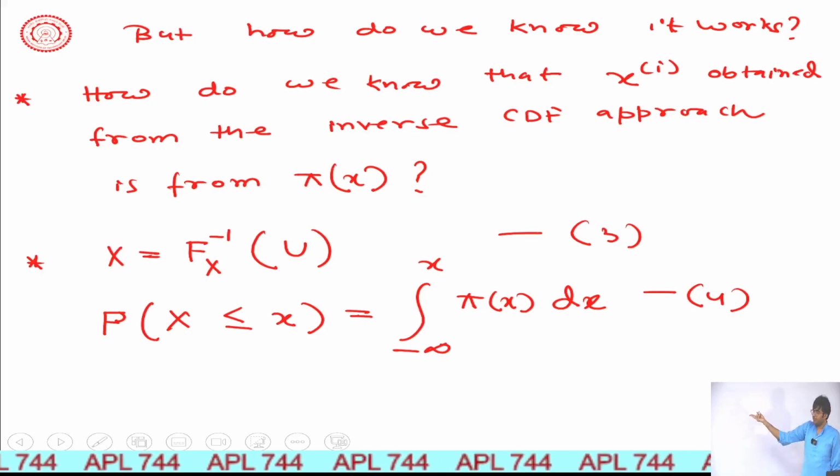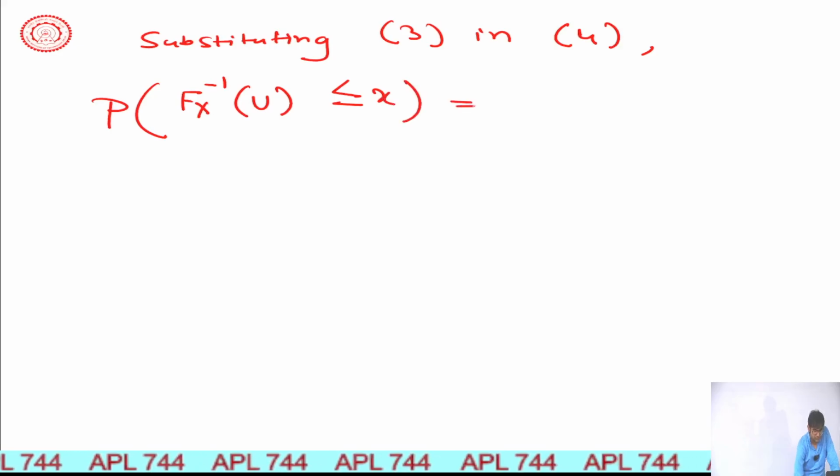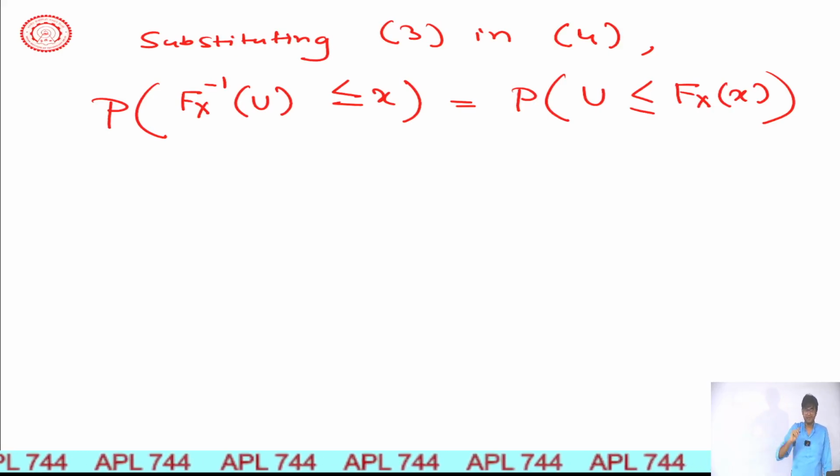So I will write Fx inverse u less than or equal to small x. This is equal to probability of u less than or equal to Fx of x. The inversion I can take to the right hand side, because CDF is a monotonically increasing function, so that's why I can do that.